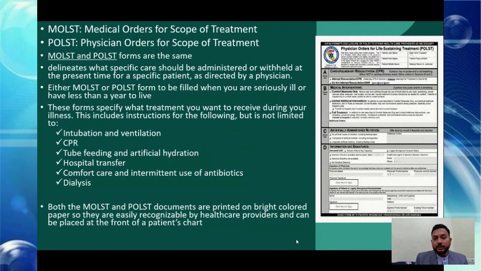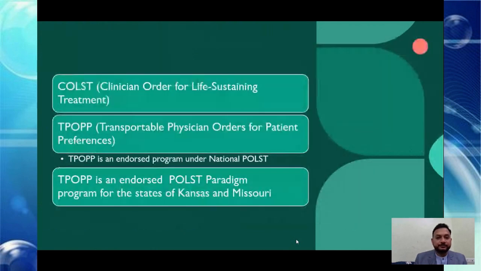What you see on the right side is an example of a form for that, and it basically delineates what specific care should be administered or withheld at the present time for a specific patient as directed by a physician. These forms specify what treatment you want to receive during your illness, and it's more specific. Both MOLST and POLST documents are printed on bright colored paper so that they are easily recognizable by healthcare providers and can be placed at the front of the patient's chart.